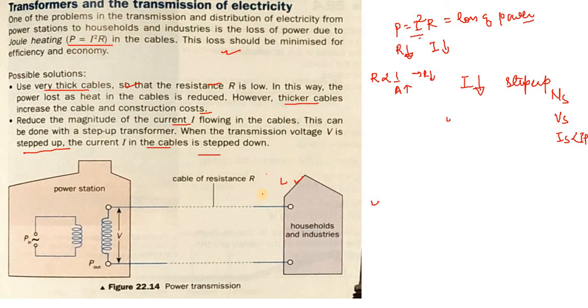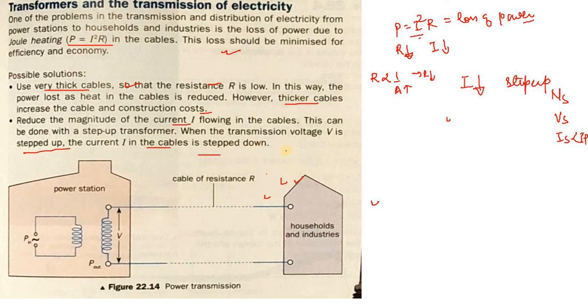I hope this is now clear, why transmission always happens at high voltage, via the step up transformer, which is then stepped down to the requirement of our normal house.